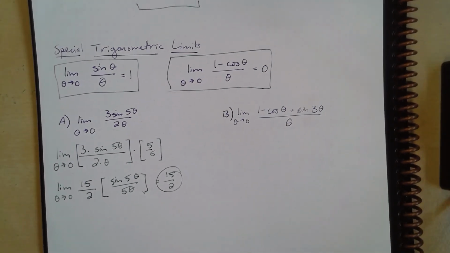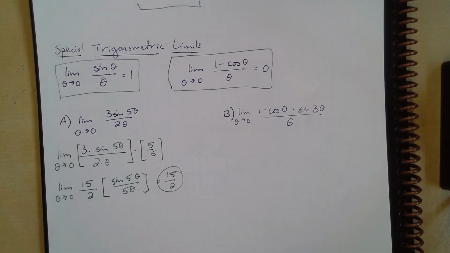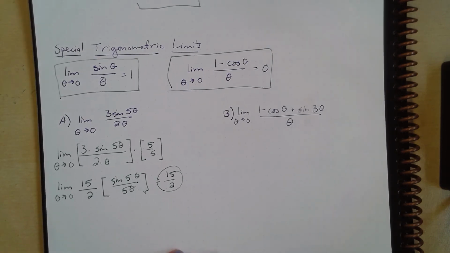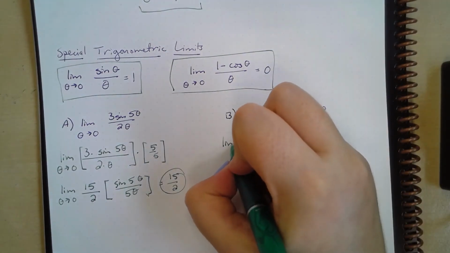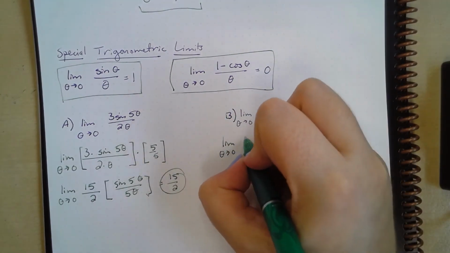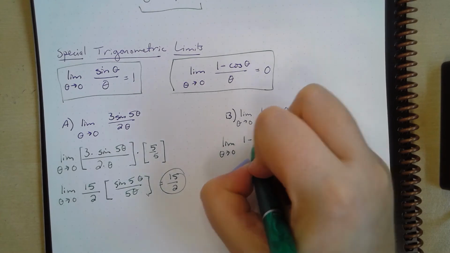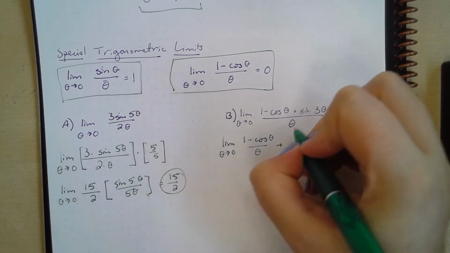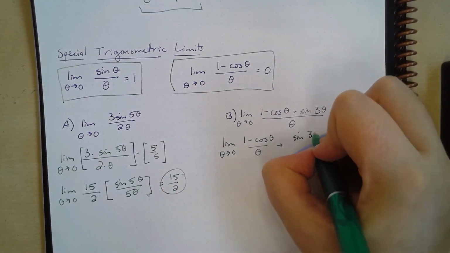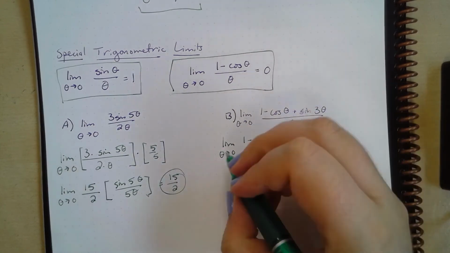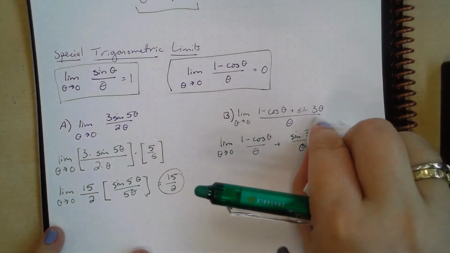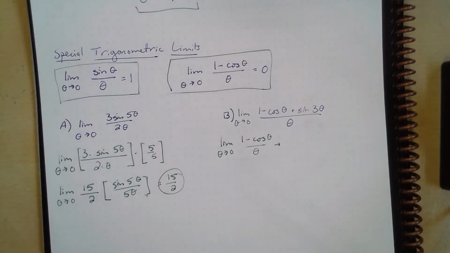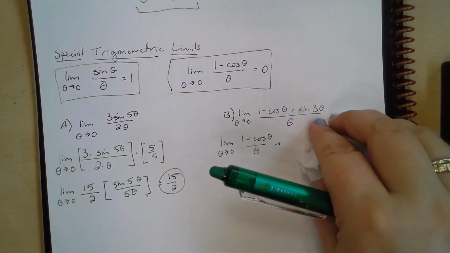Here we have 1 minus the cosine of theta plus sine 3 theta over theta. Well, I'm going to rewrite this as the limit as theta approaches 0 of 1 minus cosine theta over theta plus sine of 3 theta over theta. And I did not rewrite that very well. Let me erase this, because I should be neater with my mathematical notation.